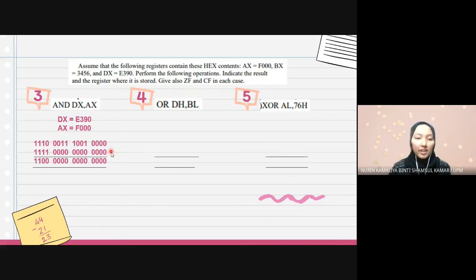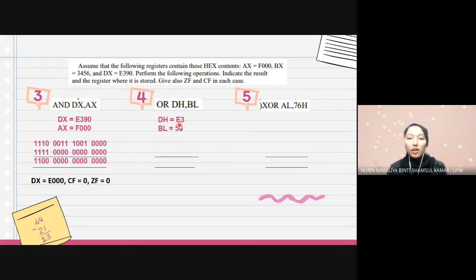So we AND it. Remember, the next instruction means you must OR DH and BL. But the question didn't give you DH and BL. So how do you find DH and BL? Actually guys, DH can be found from the DX and BL can be found from the BX.